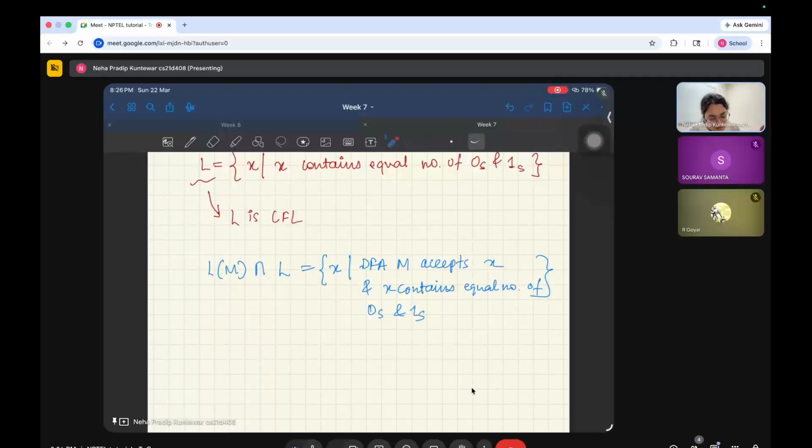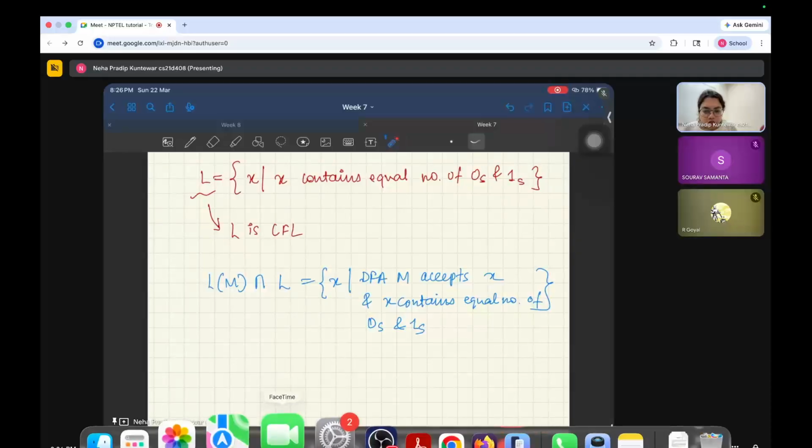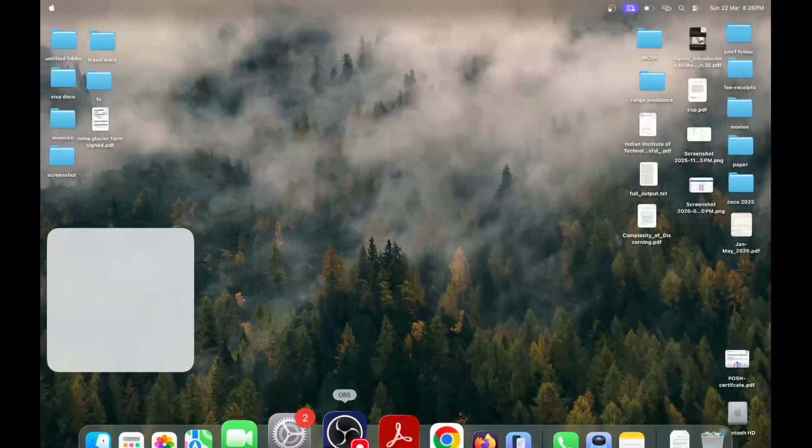The first part comes from the fact that x is in the language of M, therefore the DFA accepts x. The second part comes from the fact that L is the language which consists of all strings of equal numbers of zeros and ones.